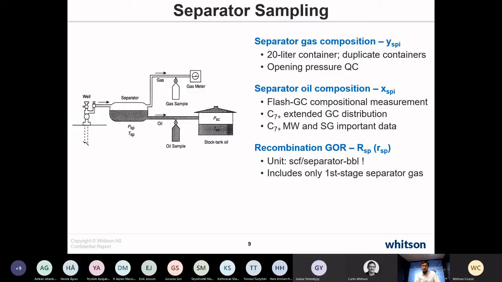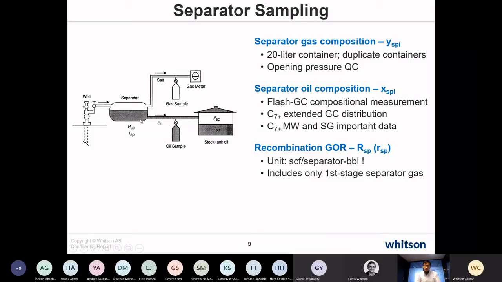The most important thing in separator sampling is the recombination GOR, because you want to get it right. Otherwise, you will not be able to calculate the correct wellstream composition. If the samples are collected at the separator conditions, a separator gas and a separator oil, then you would like to know in what ratio they are being separated.